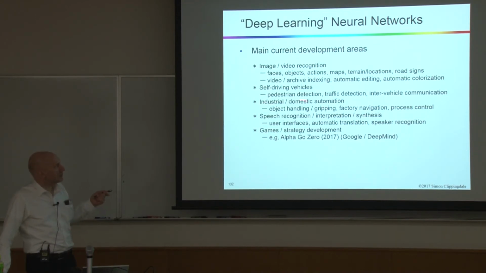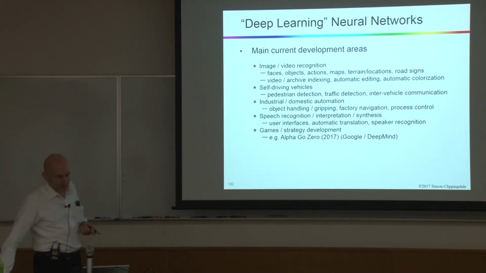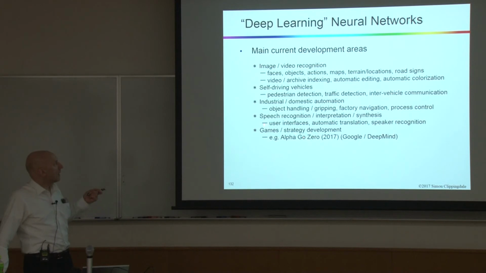Industrial and domestic automation, so gripping and handling objects in factories, navigating around factories, process control in factories as well. Speech recognition and interpretation and synthesis is increasingly using neural networks. User interfaces, automatic translation, speaker recognition, all being done by that.